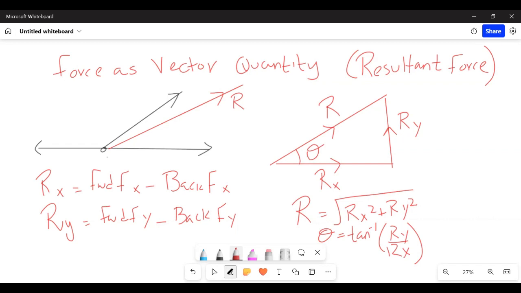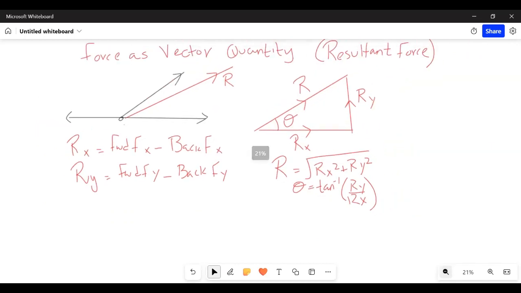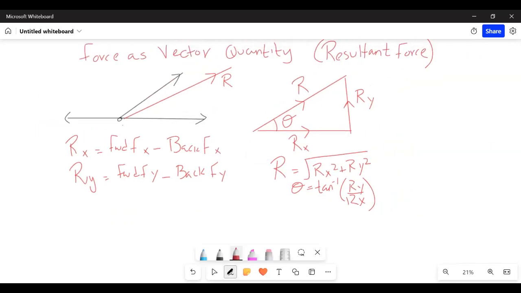If you have the R, the resultant force, then you may use this formula: R, or the magnitude of R, equals MA. Again, if you have the resultant force, you can use the formula resultant force equals MA, or the magnitude of resultant force equals MA. You don't have to use forward force minus backward force equals MA. You can instead just use resultant force equals MA.